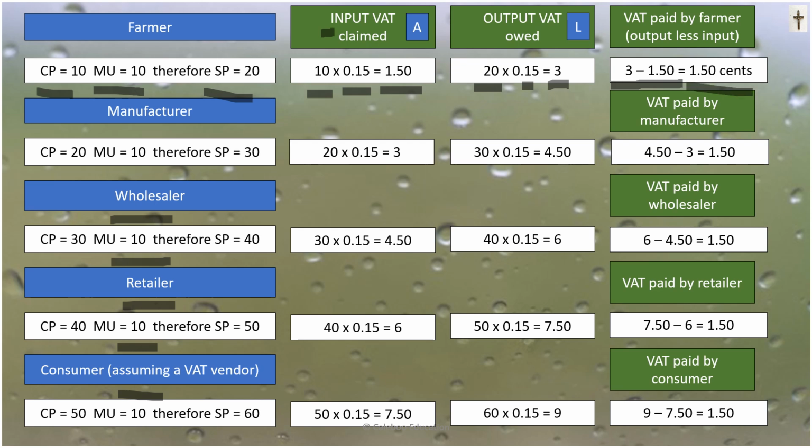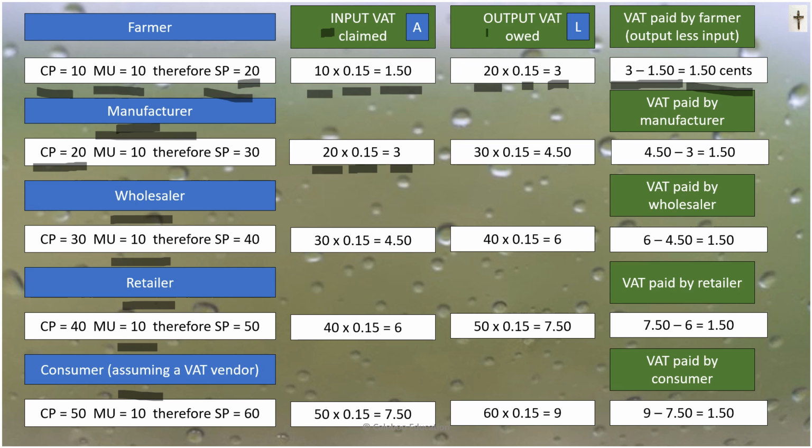And as we move now to the next level of production, the selling price excluding VAT becomes the manufacturer's cost price of 20. To get the input VAT that the manufacturer can claim, we say 20, the cost price, times by 15% is equal to 3.